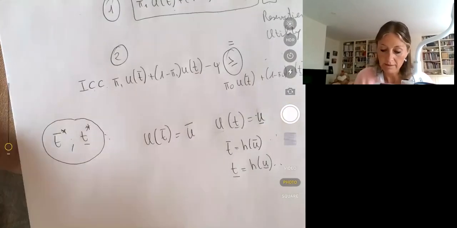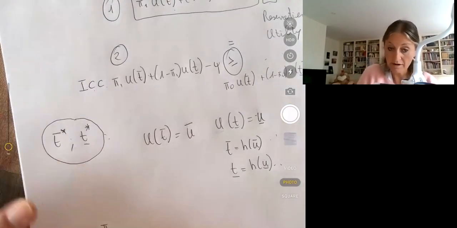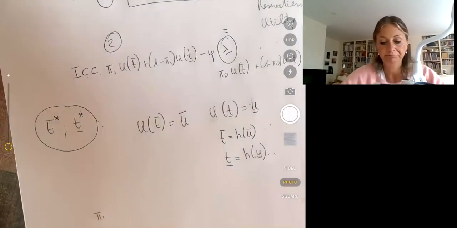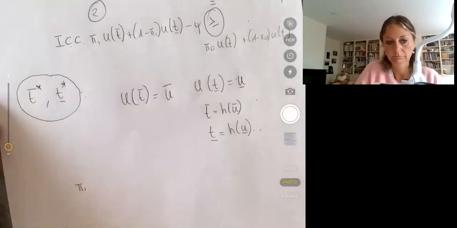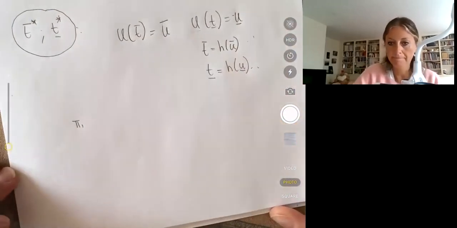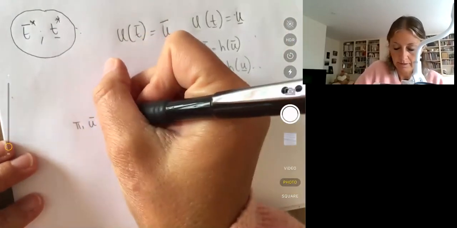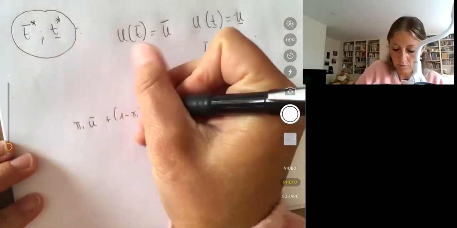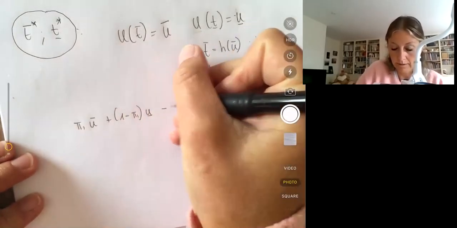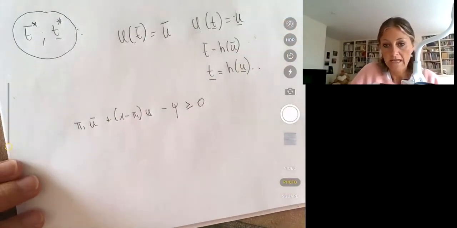We can rewrite them as: this is the participation constraint, pi 1 U upper bar plus 1 minus pi 1 U lower bar minus psi, the cost of effort, non-negative.